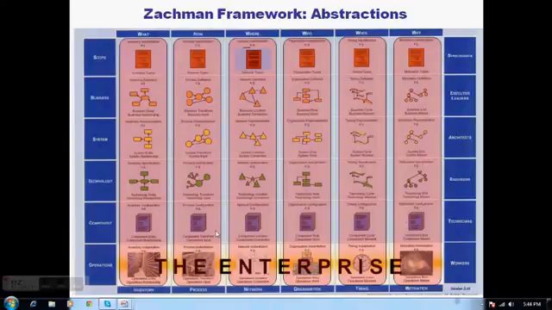Okay, after the abstractions that we talked about, where we said all the columns on the top are depicting the abstraction, we talk about the rows in the Zachman Enterprise Framework.